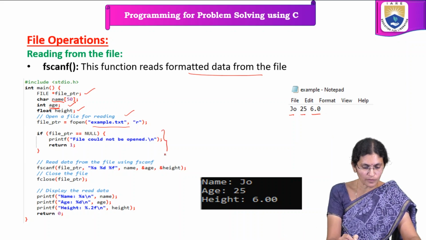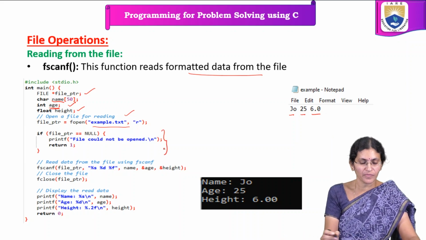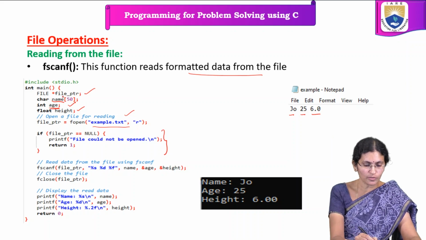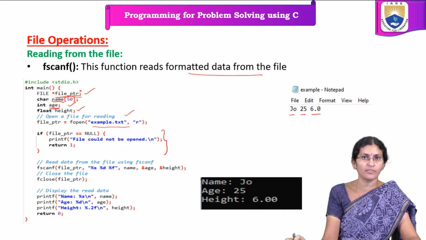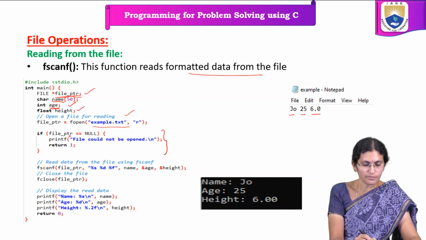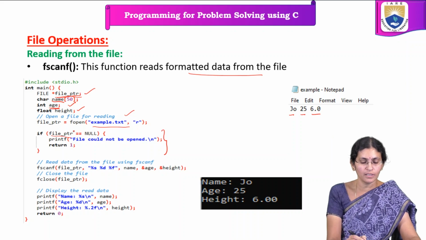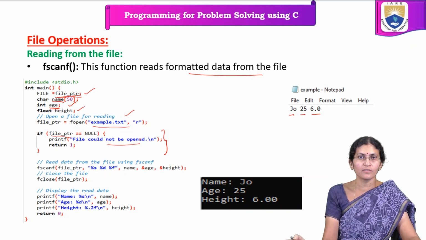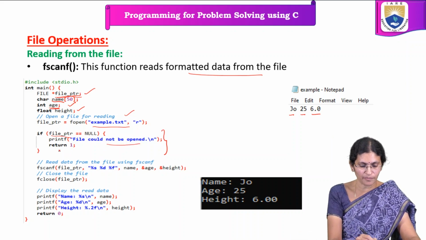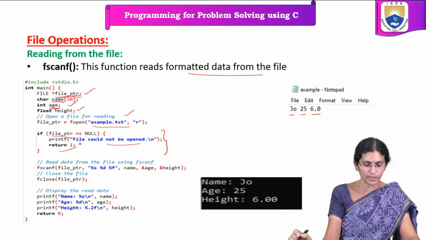With the help of these statements, we can check. The file pointer contains the starting address of the file which has been opened. If it contains some valid address, then we can say that the file has been opened successfully. If it contains a null value, then the file could not be opened. So that message has to be printed, and then return 1 exits the program.